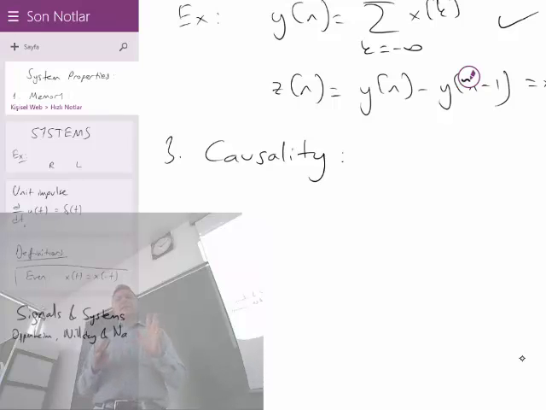And the answer to this is that the system is causal or non-causal. Causal, you may guess from the name what it means. Causality. It is because of the input. It means, does the output depend on the input for now and the past?